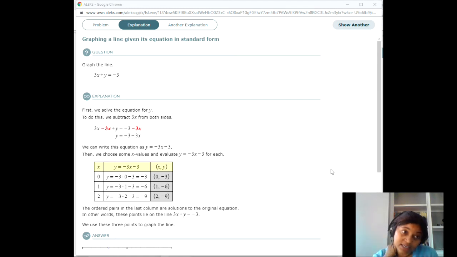For the first problem, you can see they wrote it out up top: y equals -3x minus 3. So what they did here was replace that x with a 0. When they multiplied -3 times 0, that gave them 0, and then they just brought over the -3. So what we have here is 0 and -3 as the answer.